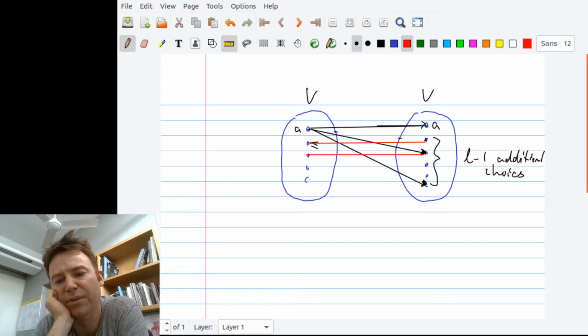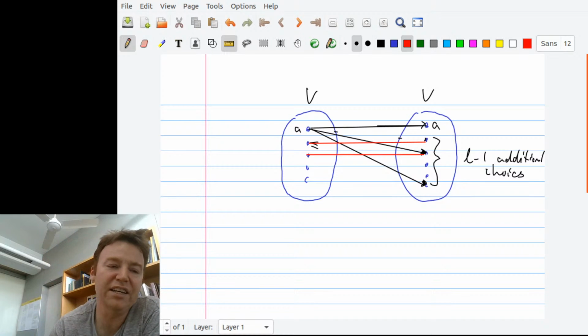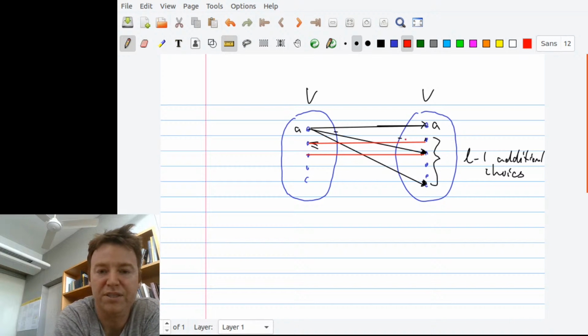Ah, no, I agree with you. Yeah, it's L-1. Okay, I agree. You're right. So L-1 choices, and I can turn each of those lines off or on. Okay, and I get that L-1 times. Yep, L times 2 to the L-1. Yep.